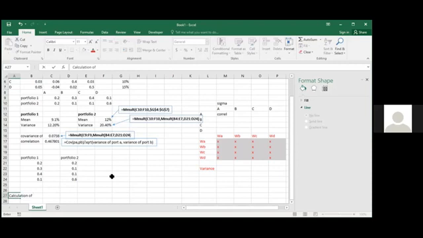Calculation of returns of portfolio A and portfolio B. So here is portfolio 1 and portfolio 2.